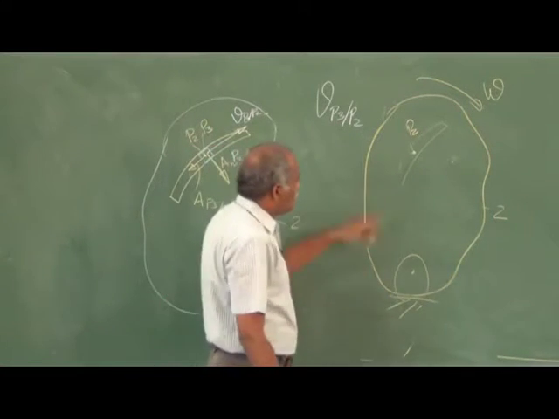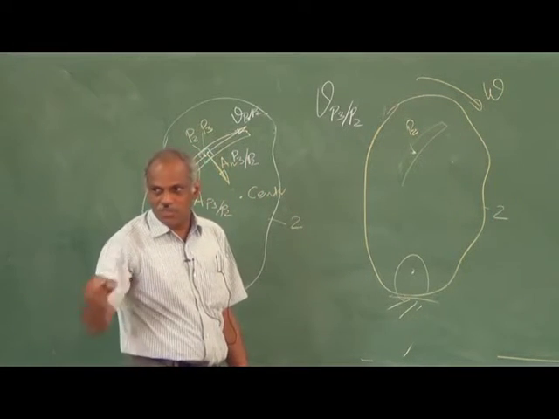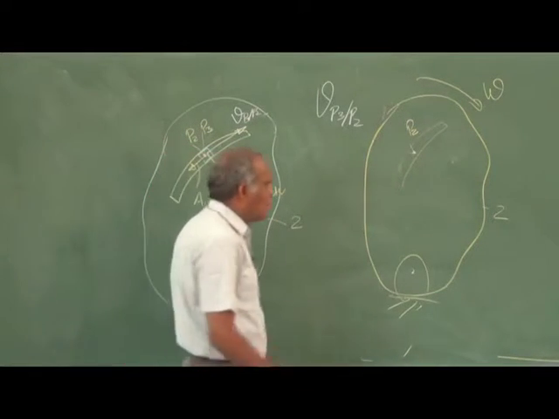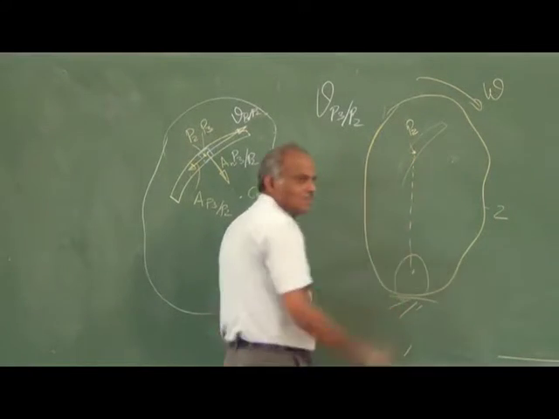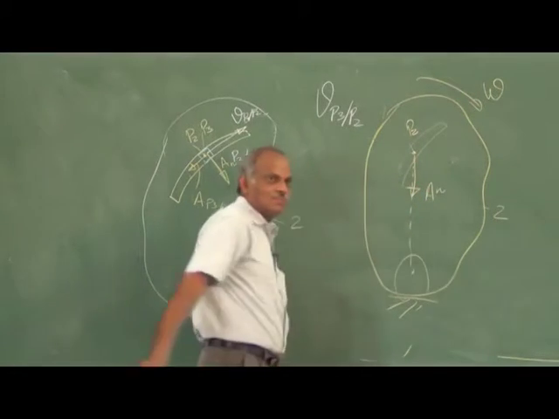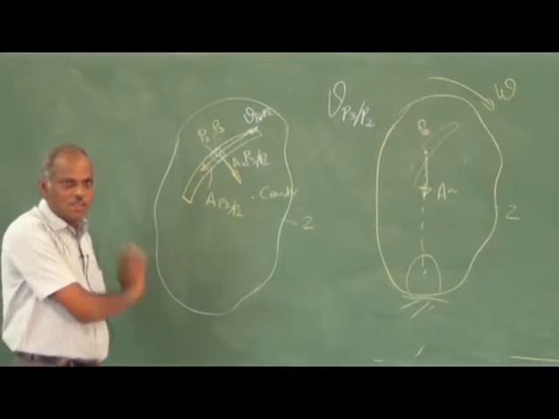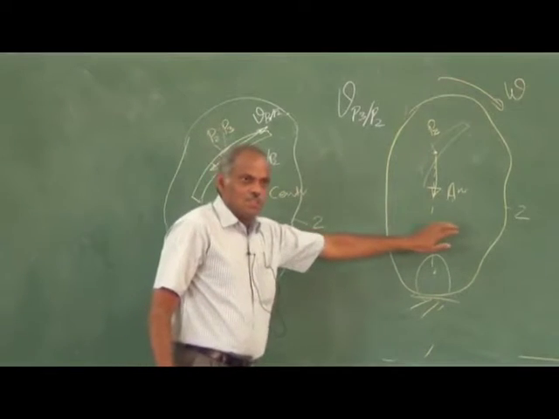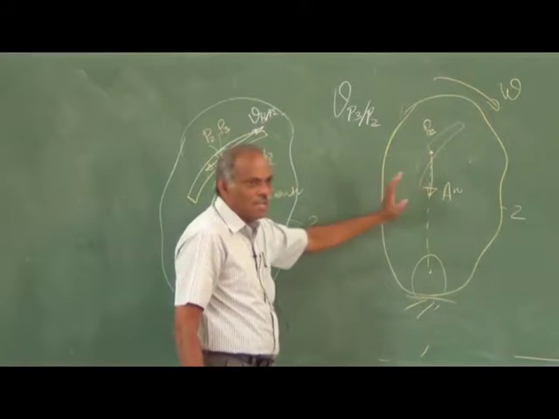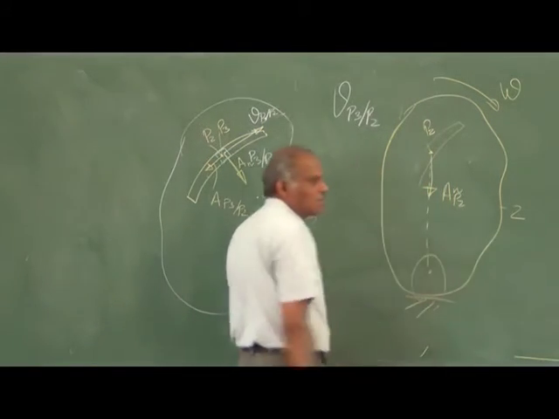Or will there be any acceleration? Because point 2 is not at all moving. It is attached to the rotating frame 2. Will it be subjected to any acceleration? Yes, it will be subjected to the normal acceleration. Okay? The acceleration of point P, which is attached to this link 2 rotating with a constant angular velocity, will have a normal acceleration component. So I can say this is the acceleration of P2 normal.